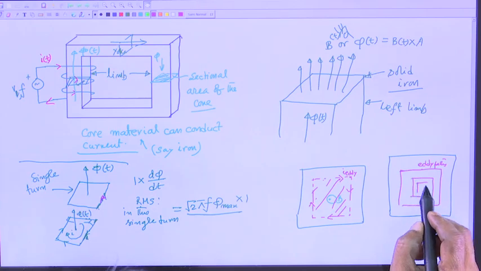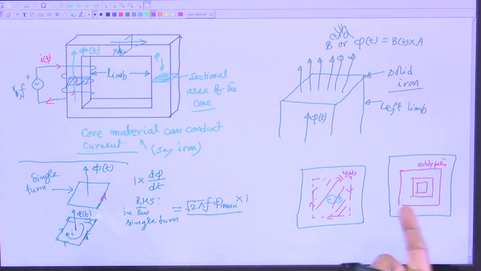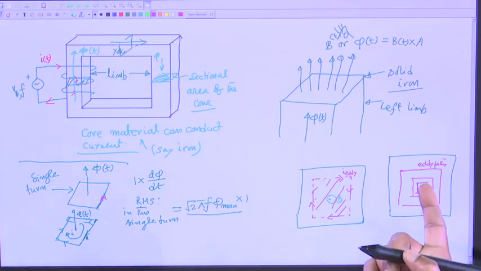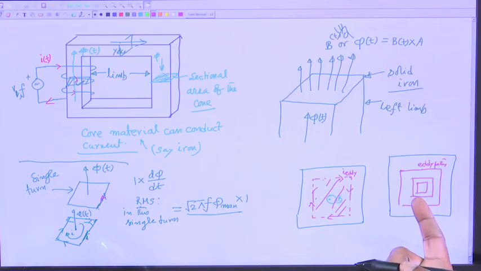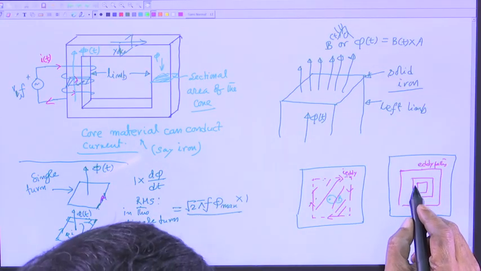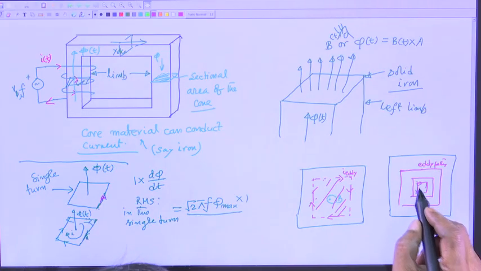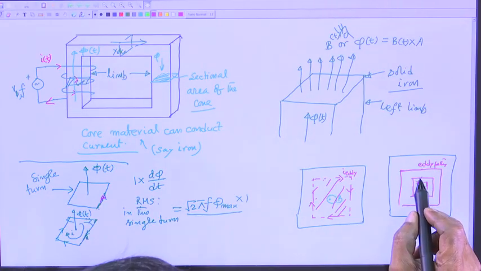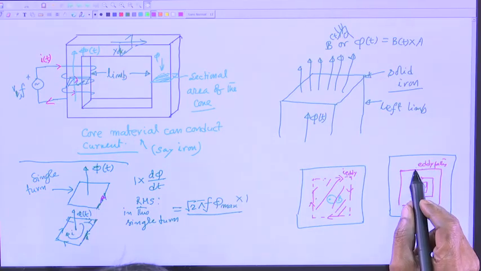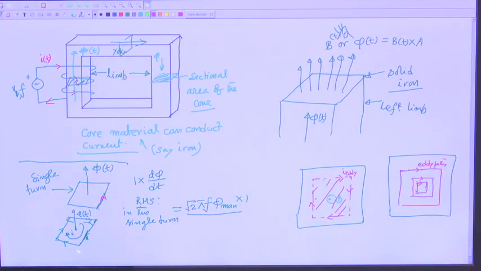You can select a path like this. Any closed path you imagine, there will be induced voltage in that loop. You can figure out how much it will be, and that divided by the resistance of this path will give me the current in this loop, next loop, next loop. Therefore, these eddy currents I cannot avoid.